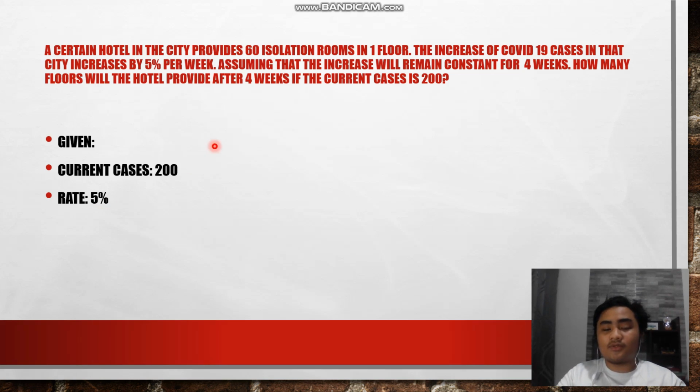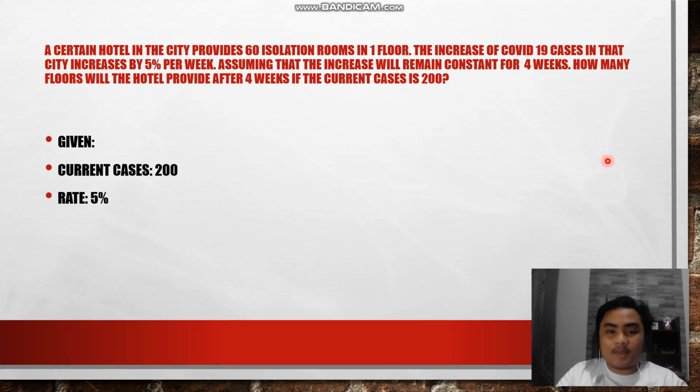So therefore, this current cases is not our first term. Also, the rate is not our common ratio. So how do we solve this one?